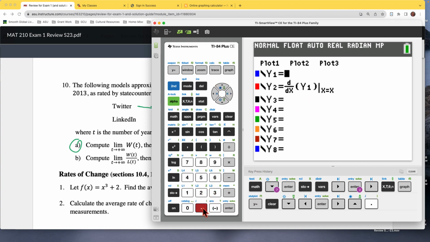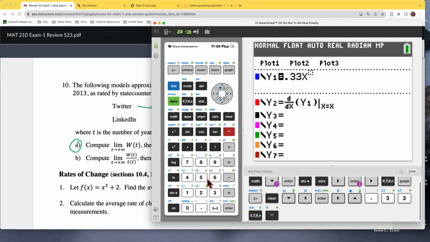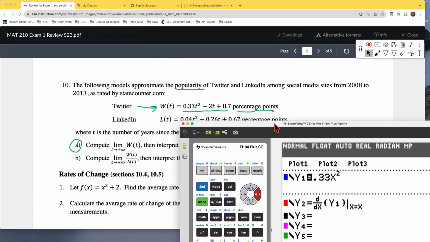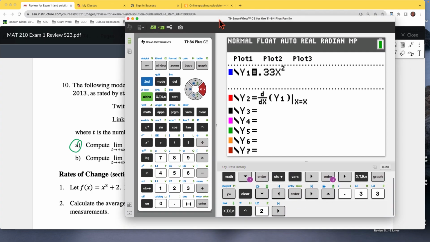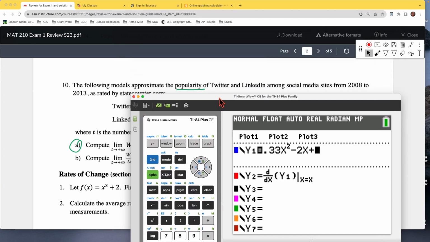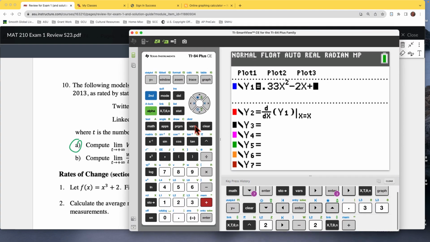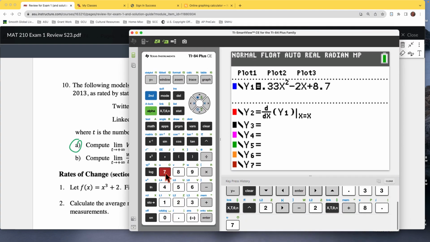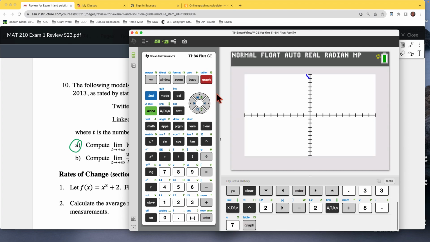This was 0.33 x squared minus 2x plus, what was it, 8.7? Yeah. Then I'm going to graph it.